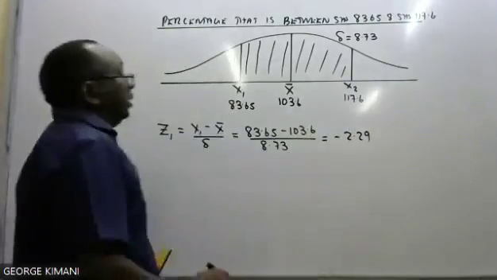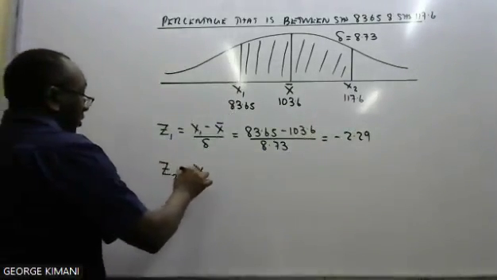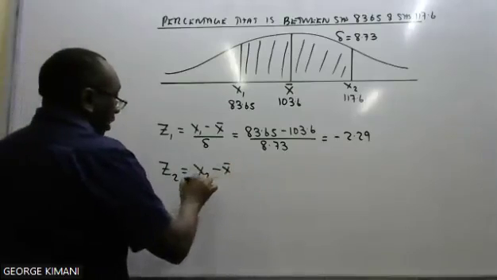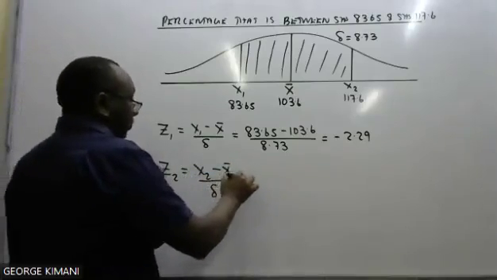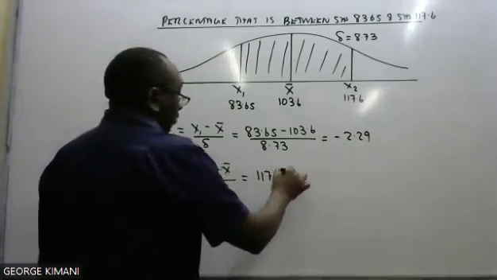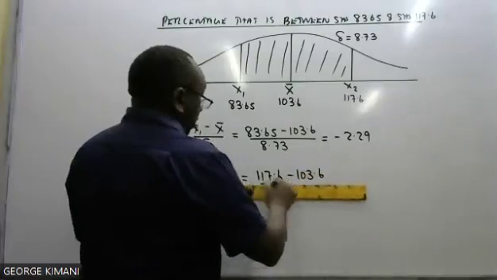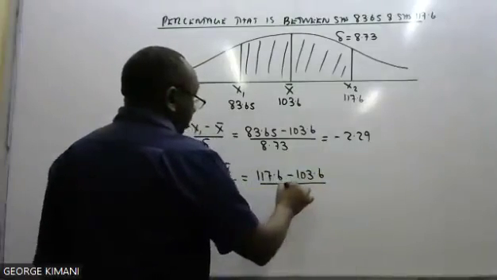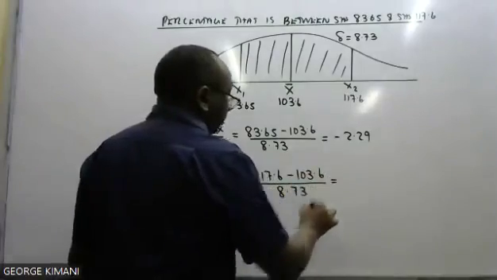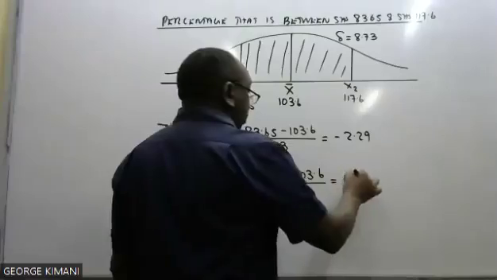Negative 2.29. Haya, tukimbie kwa Z2. It is X2 minus X bar. We divide by standard deviation. So this is 117.6 minus 103.6. We divide by 8.73. 1.60.